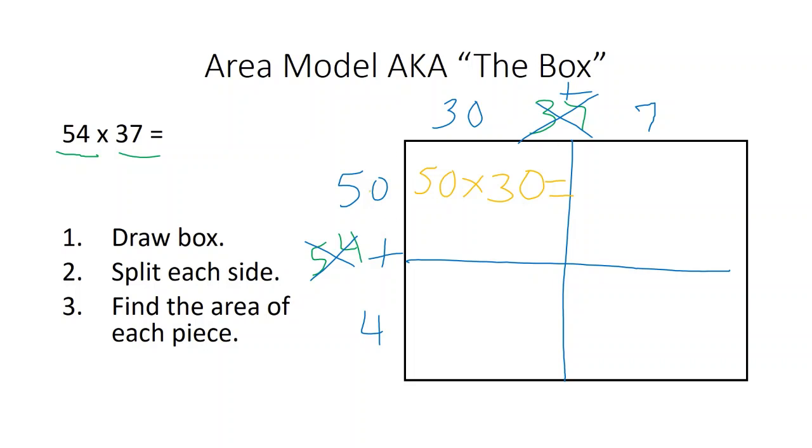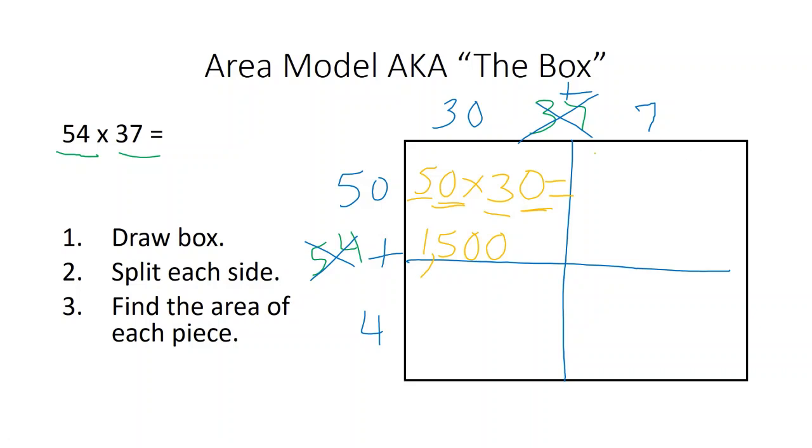So I need to grab the length, which is my 50, and my width, which is my 30, and multiply them together to find my area. So 50 times 30, well, 5 times 3 is 15. There's 1, 2 zeros, so my answer needs 2 zeros. And I have 1,500 as my answer.